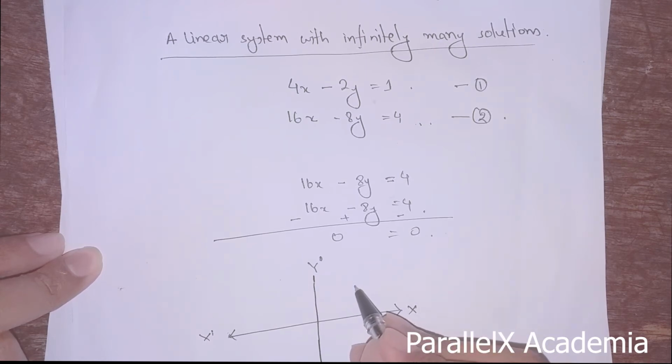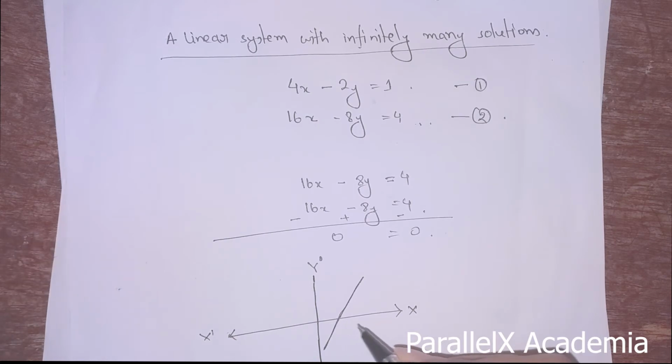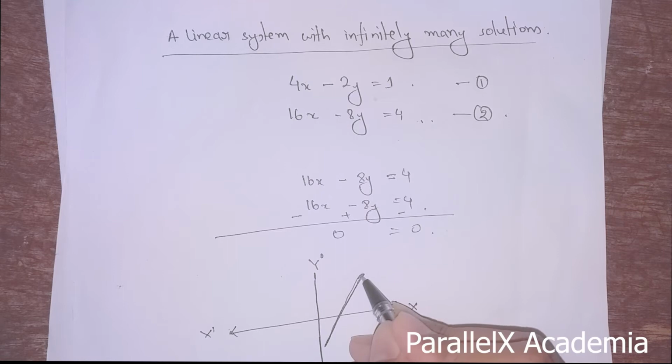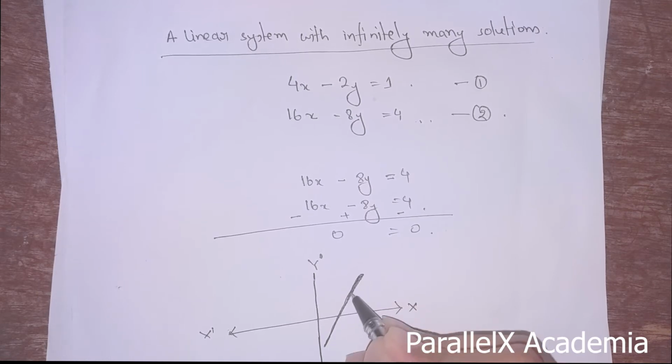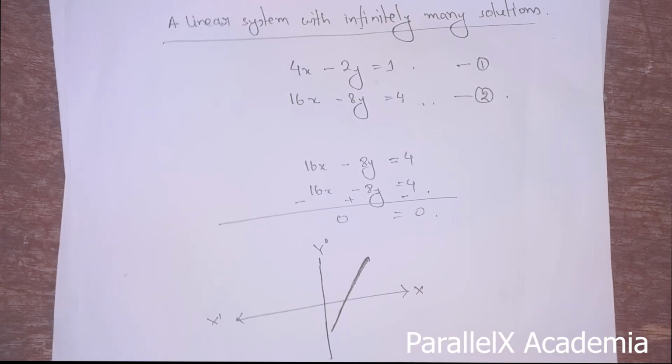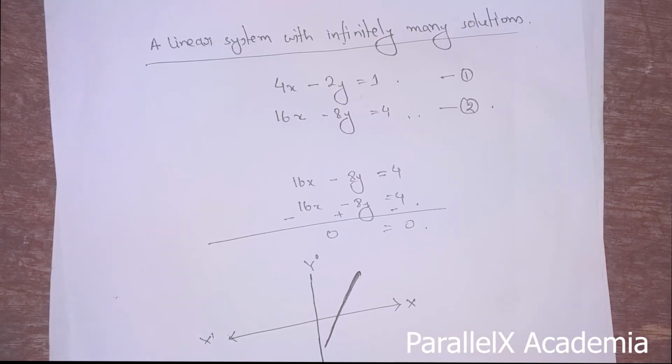We have a line here, and we have another line which is coincident to this line. I mean these two lines lie in the same position. So this is what we mean by coincident.